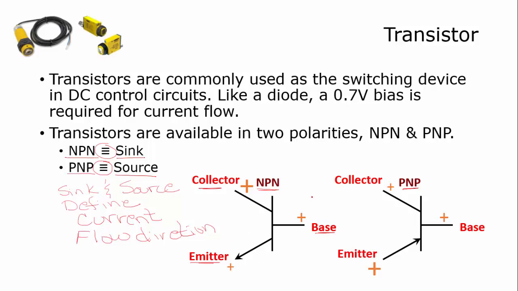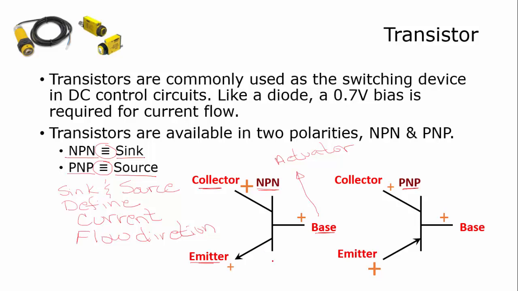So the base lead, I would like to call it the actuator. It's what opens and closes this switch. Now there's no physical disconnect. It's just turning the electron flow off, or turning the current flow off between the collector and the emitter.